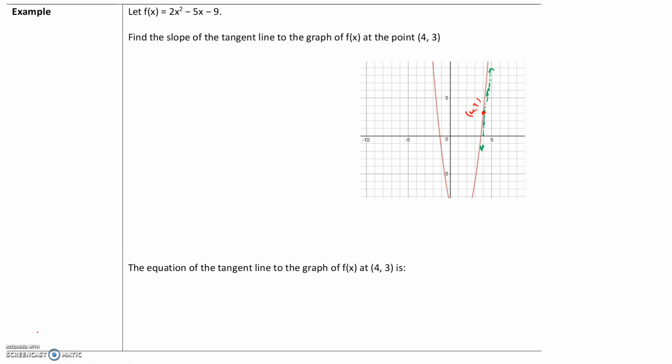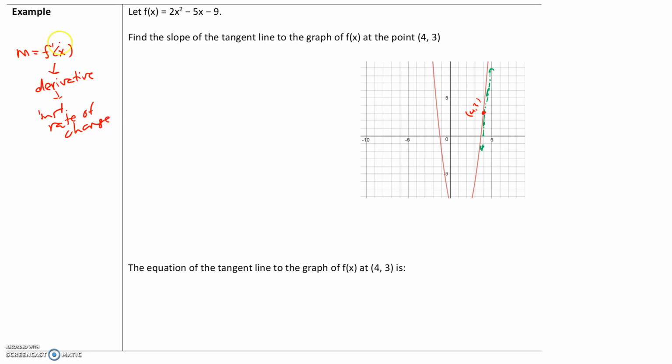So remember, the slope of the tangent line is equal to f prime of x, which is also called the derivative, which is also the instantaneous rate of change. They're all the same thing.